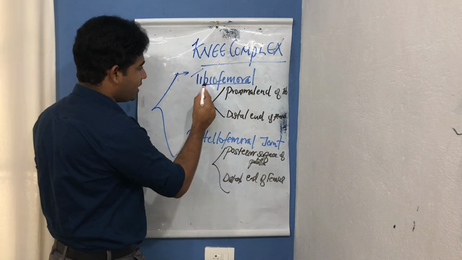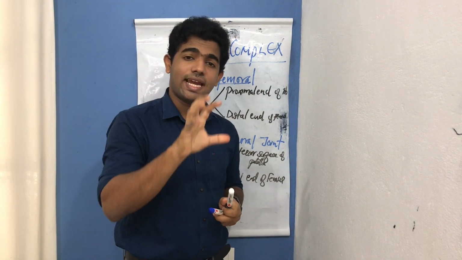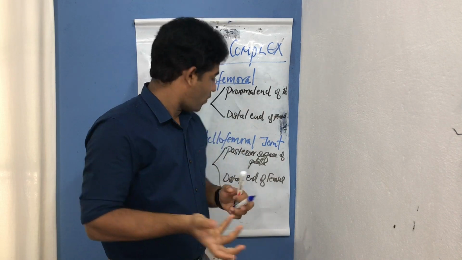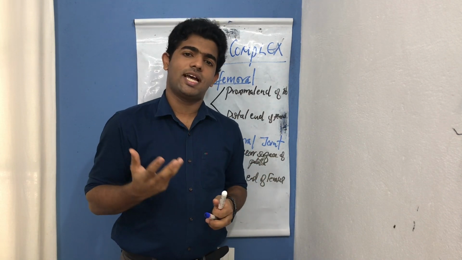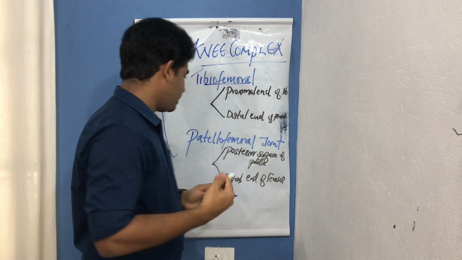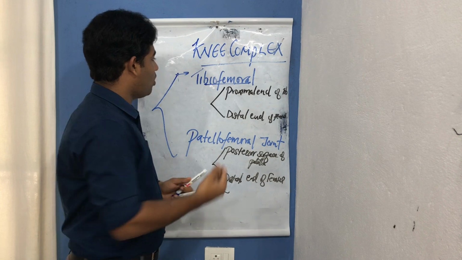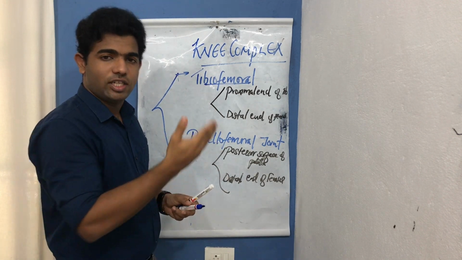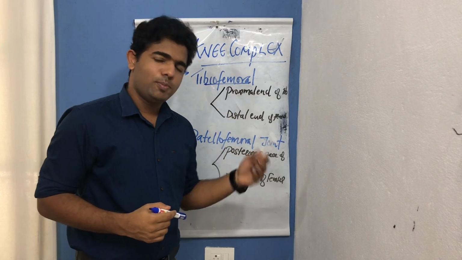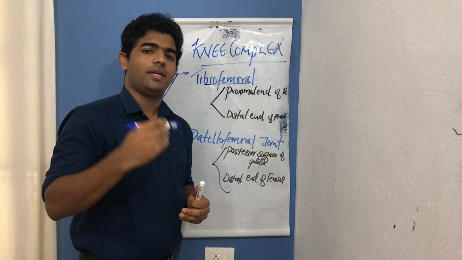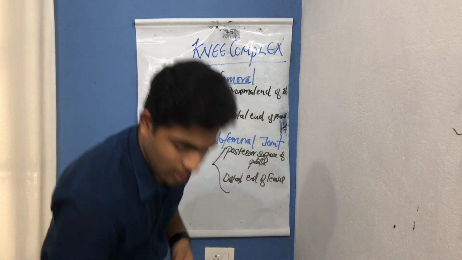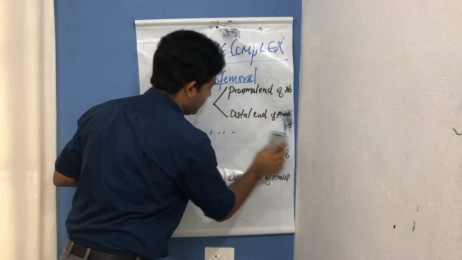Of course, both joints are immersed inside one knee joint capsule, but functionally they have different functions. So we will see each joint individually because they differ so much in function. First we will focus on the tibiofemoral joint, and later on the patellofemoral joint in depth.